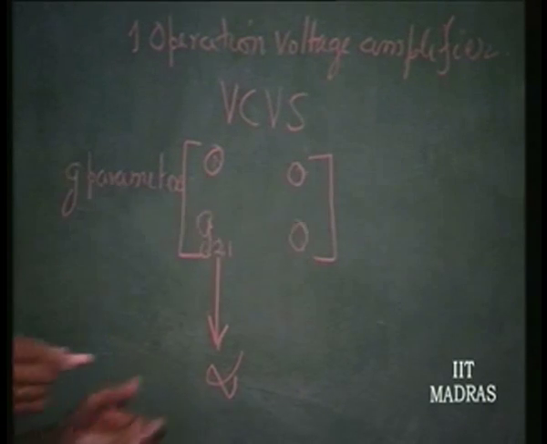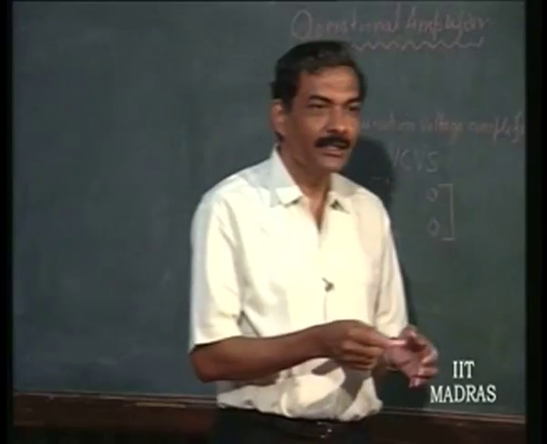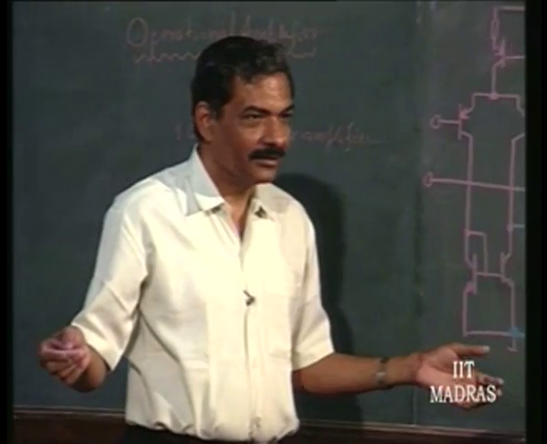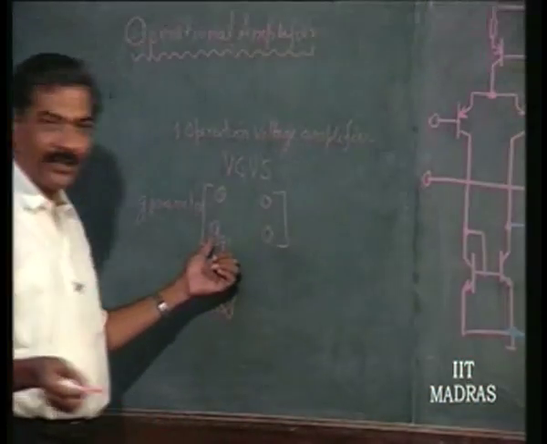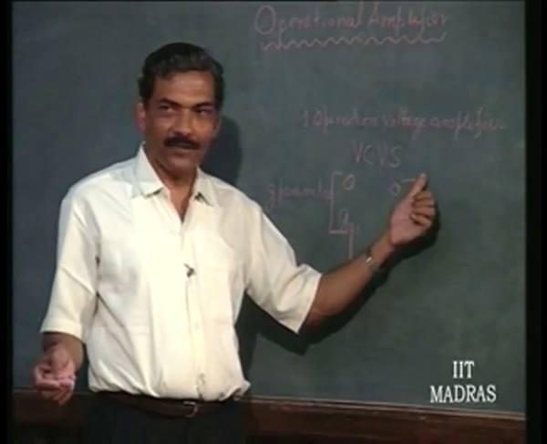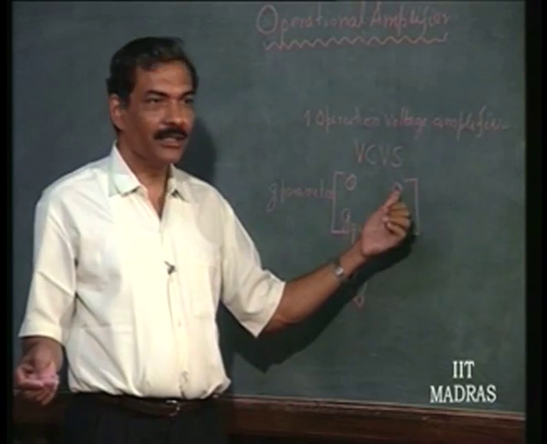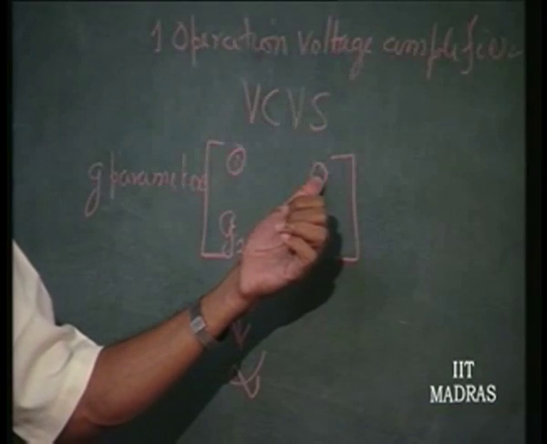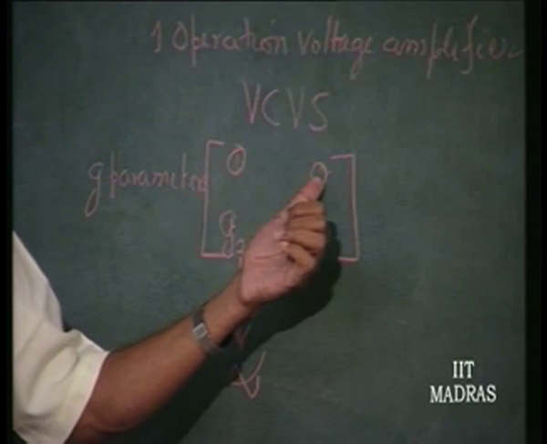One way to increase this and decrease this simultaneously is by cascading. This will increase and this will progressively decrease. In the case of operational voltage amplifier, this is nothing but reverse transfer parameter, that is voltage feedback parameter.